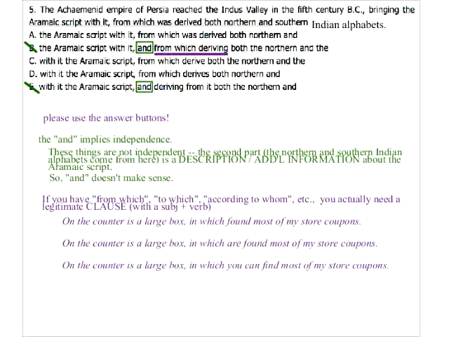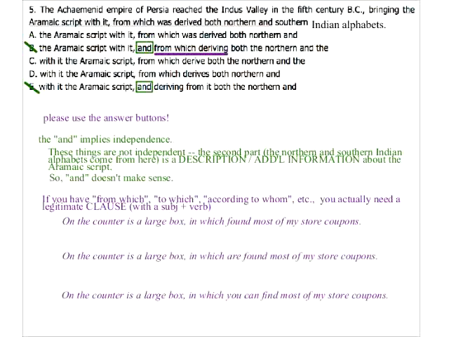Okay, let's evaluate. I'm going to give you yes or no options here. You're going to see your A through E go away, and you're going to see red X and green check. For each of these, tell me if it's right or not right. "On the counter is a large box in which found most of my store coupons."